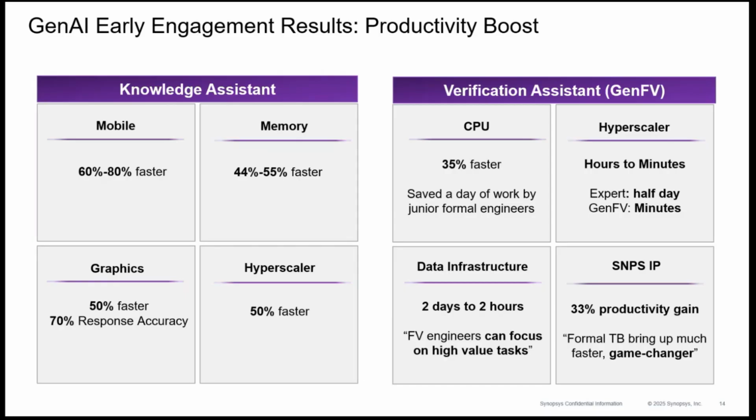As you can see, this is the knowledge assistant, where across the board, the customers are able to see 50% faster turnaround time for their queries, and that is for the Gen FV formal tool, they have been seeing very fast results to bring up and verify their designs.